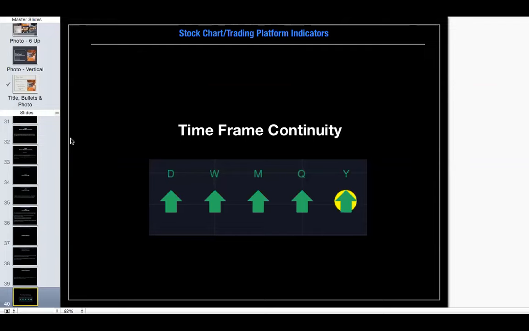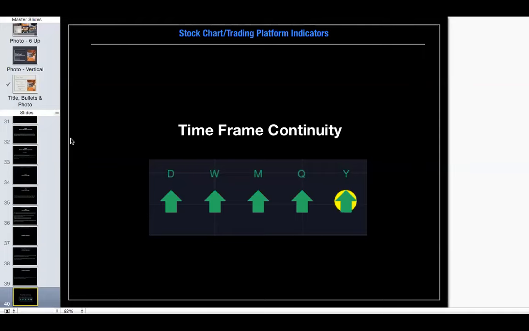This is basically putting everything on your chart. You can't put this on StockCharts, right? Time frame continuity is just looking at the day chart, the week chart, the month chart, the quarterly chart, and the yearly chart. This gives you the shorthand version of whatever the chart is saying.